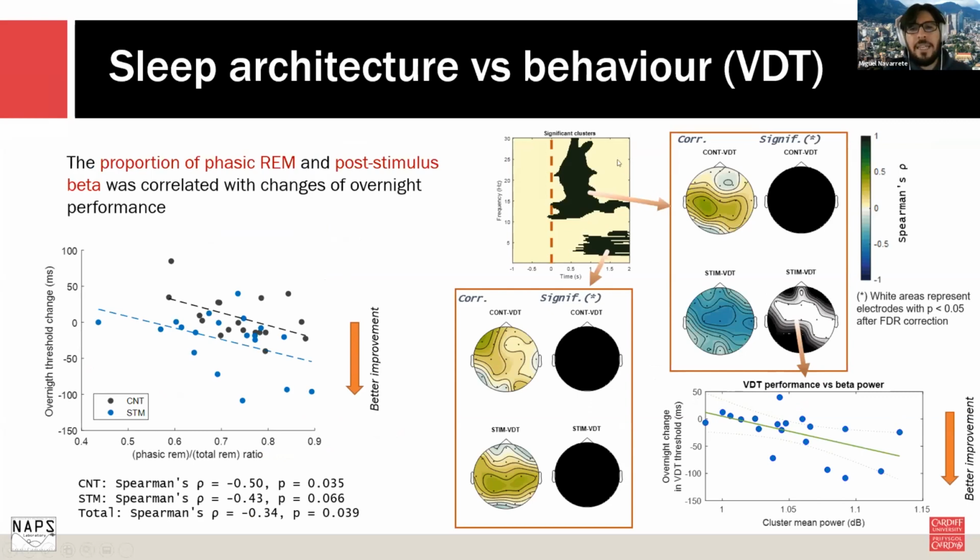And when we look at the EEG activity, the ERSP, we found that the increase of beta activity was also related to the overnight change of performance of the task. So that increase of beta activity here was correlated with the task, whereas the decrease of activity didn't have large effects on the performance.